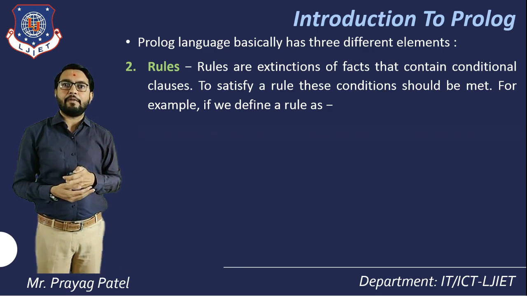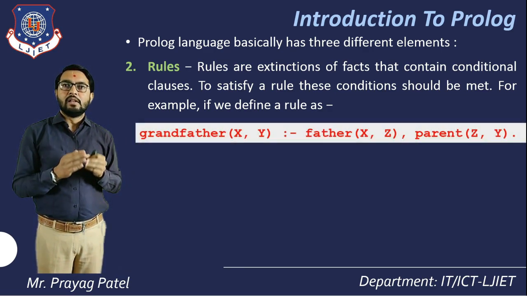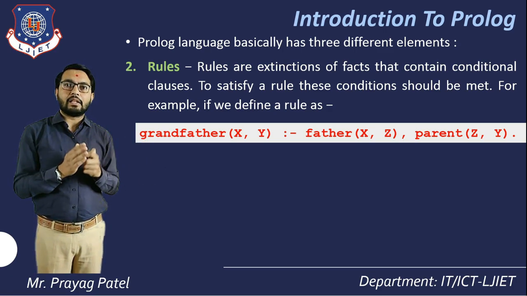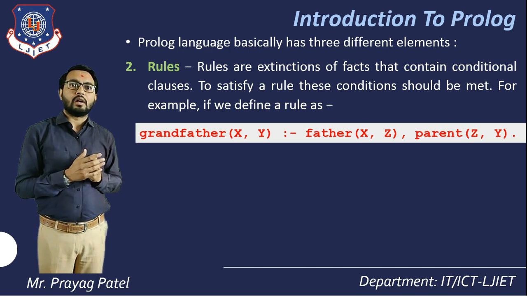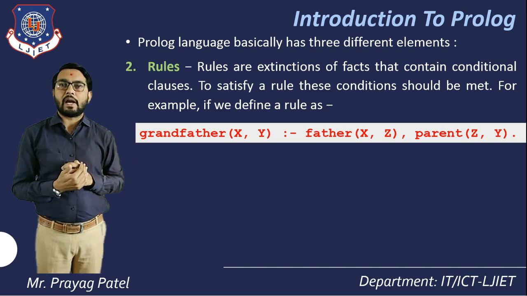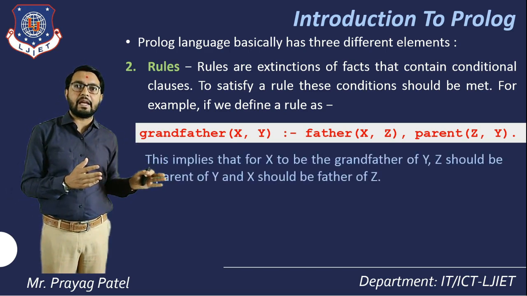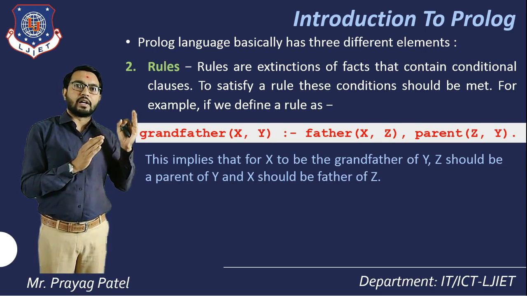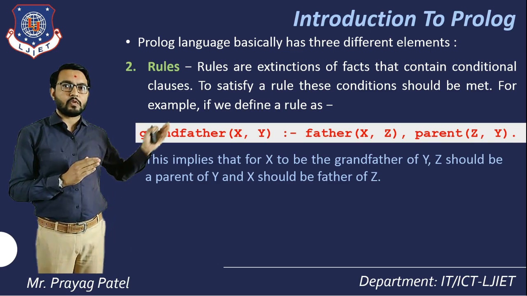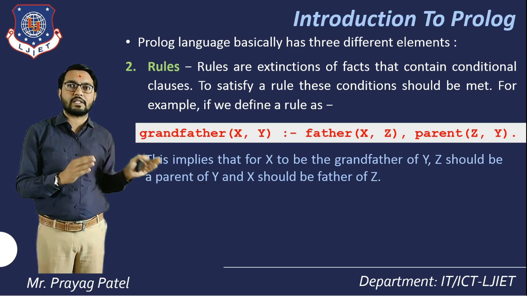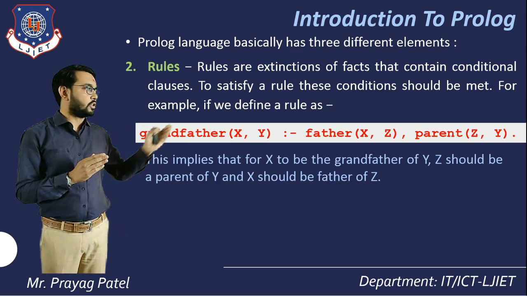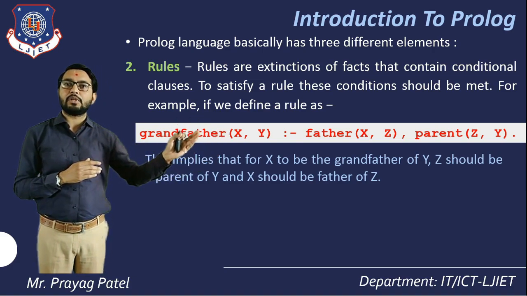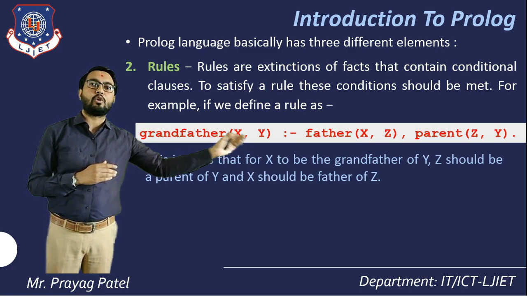For example, if we define a rule as grandfather(X,Y) :- father(X,Z), parent(Z,Y). We read this statement as implying that for X to be the grandfather of Y, the first statement is X is a grandfather of Y, because we read the statement by first reading the first argument, then the outer part of the statement, then the second argument.